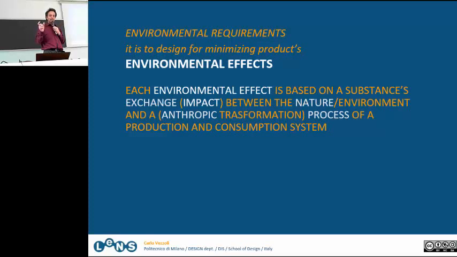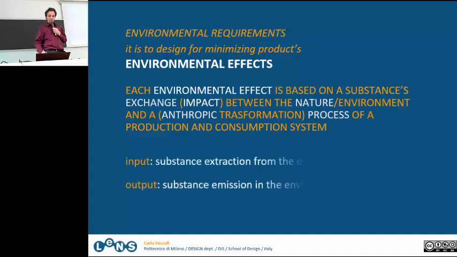The environmental effect or impact is linked to any exchange of substances that may occur between any process related to a product, and we will see how to relate this to the product, between the industrial system, the production and consumption system, and nature, the geosphere and the biosphere. We may have input, when we take resources from nature, and output, when we have emissions.